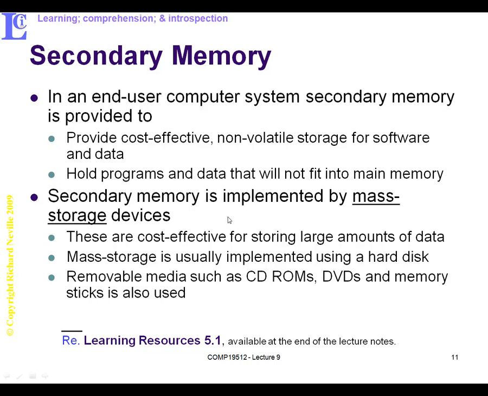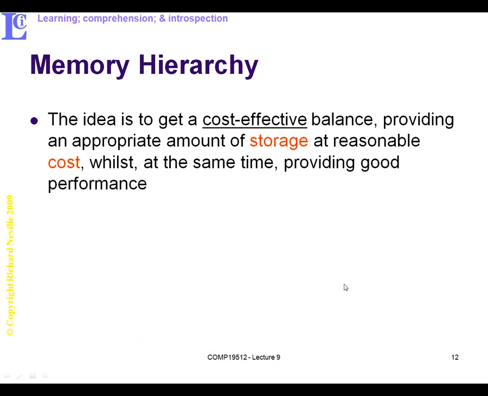So mass storage devices, they should be not too expensive, that relates to cost effective, and they should be large, they should be able to store large amounts of data. These are normally implemented at present time, because they're very cheap, in hardware that's called a hard disk. And then there's a removable type of mass storage which is relatively cheap, called CD-ROMs and DVDs, and we'll talk about those a bit later.